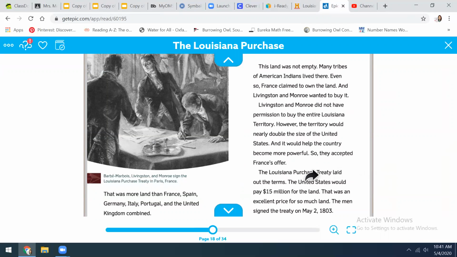The United States would pay $15 million for the land. This was an excellent price for so much land. The men signed the treaty on May 2nd, 1803. So boys and girls, this land purchase became known as the Louisiana Purchase. It was sold for $15 million. And it doubled the size of the United States.